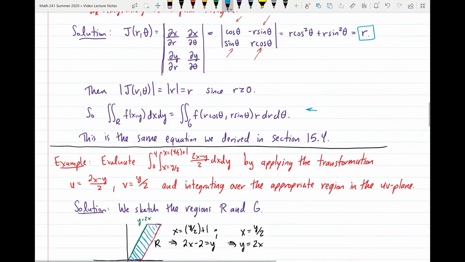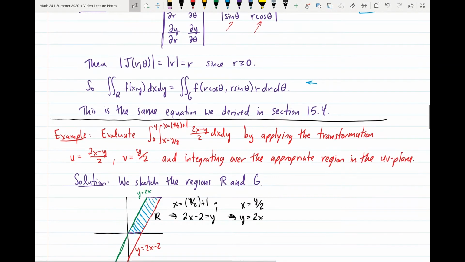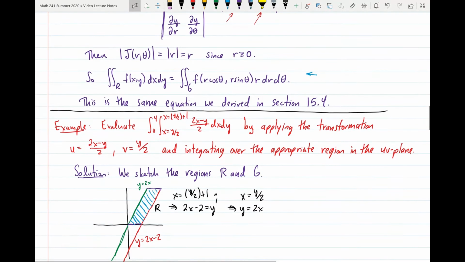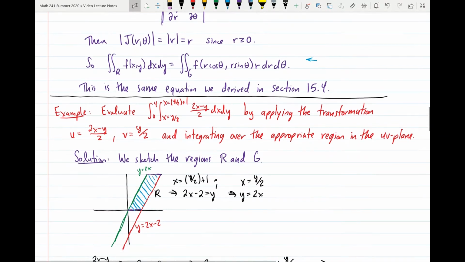So again, the idea from section 15.4 is really just a particular instance of this more general methodology here.